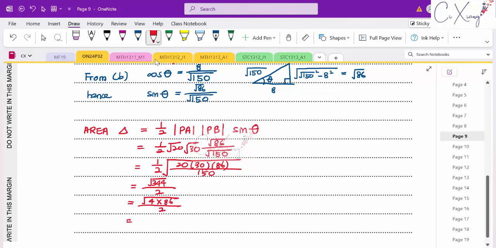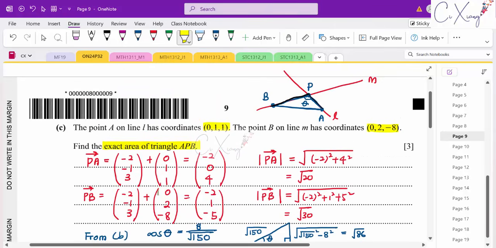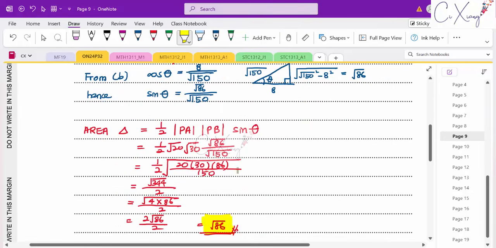Then square root 4 is 2, right? So 2 square root 86 divided by 2. Then of course your final answer is square root 86. Yeah, so this is what we have. We have to keep it in this form because in the question they said exact area, so you cannot put it into a long decimal number. You have to just keep it in surd form. So this is the area of the triangle.